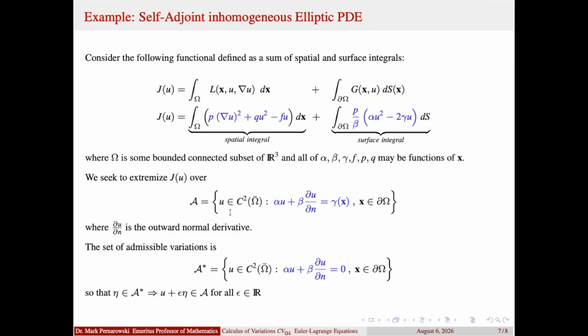So if I look at this admissible set, it's pretty clear that the set of admissible variations will be smooth functions that have this boundary condition vanishing on the boundary. If I take any eta out of the admissible set and I do this sum, it's in A because I've not added anything to the boundary to change that fact. Okay, so what do?